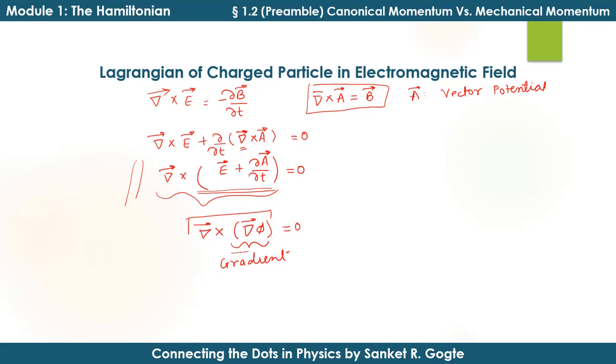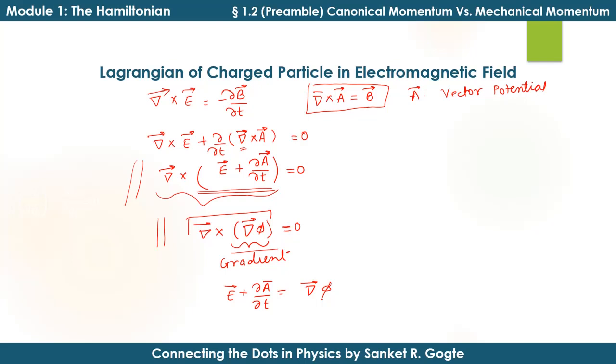Now if del of phi is the maximum rate of change of phi, then it cannot curl around itself. Its curl should be 0 in that case, and therefore, by using these two concepts, we can write E plus dou A by dou t as the gradient of some scalar field phi.